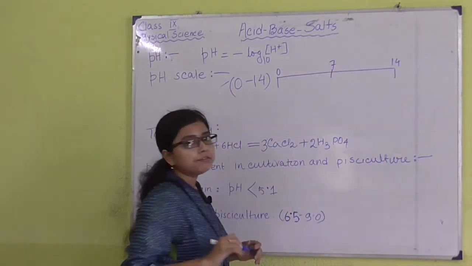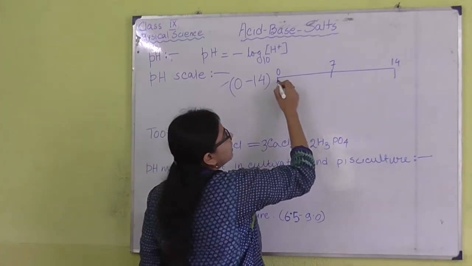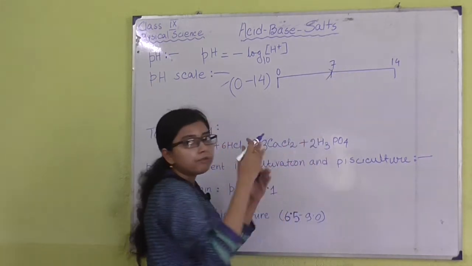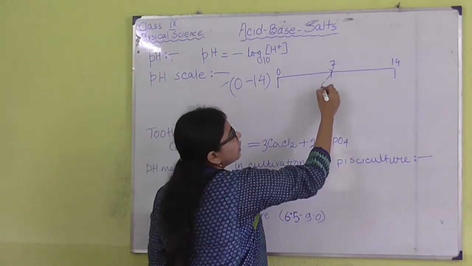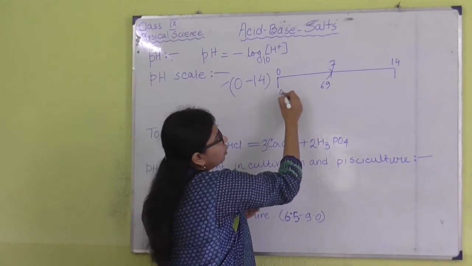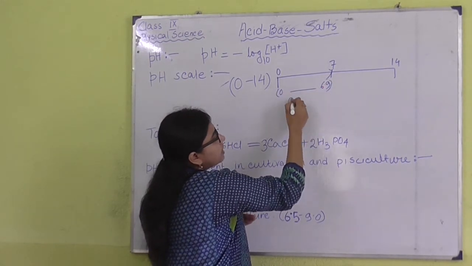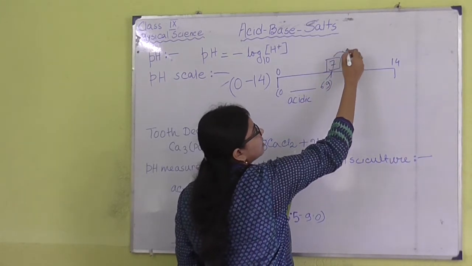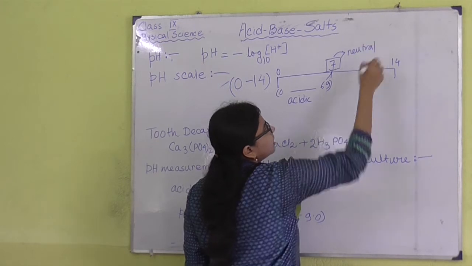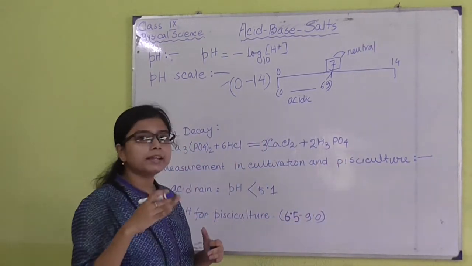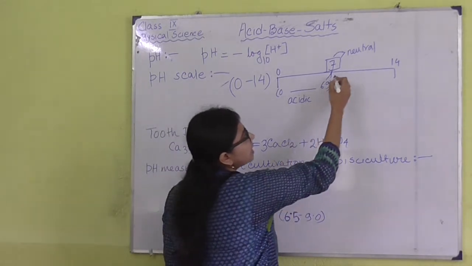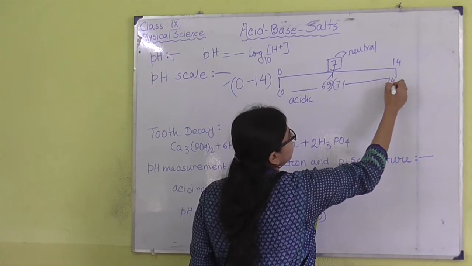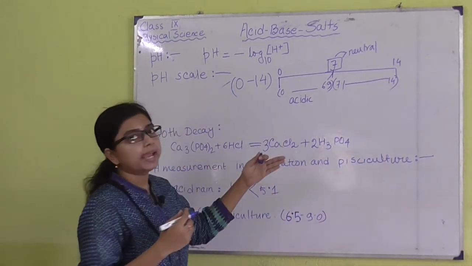In the middle we have 7. From 0 to 6.9, it is acidic. The value 7 indicates the solution is neutral, that means it is neither acidic nor basic. And from 7.1 to 14, we have the type basic.